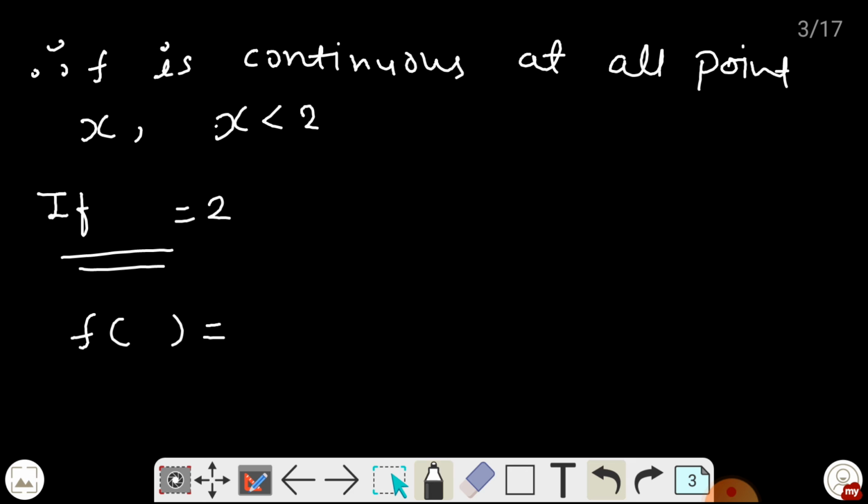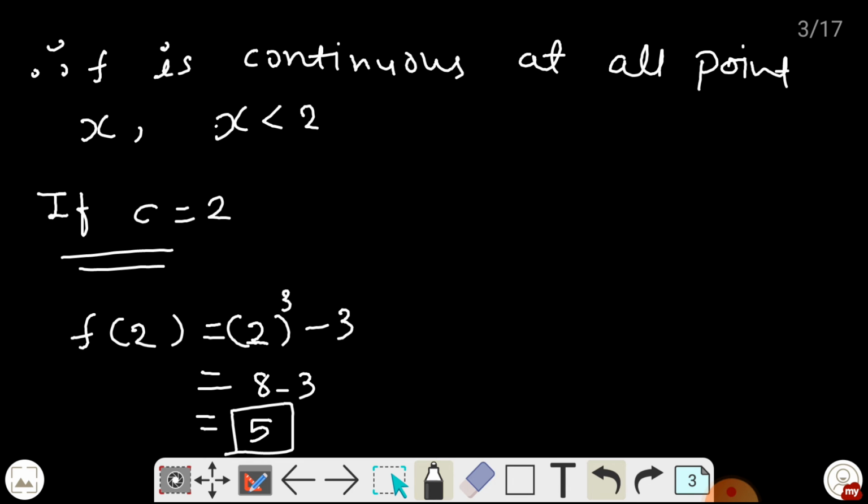So c is equal to 2, then f of 2 is equal to x cube minus 3, that means 2 cube minus 3. Now what is 2 cube? 2 2s are 4, 4 2s are 8. So 8 minus 3, which gives us 5.